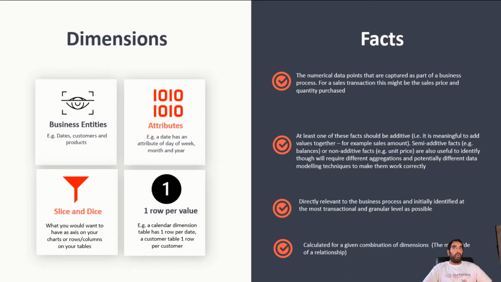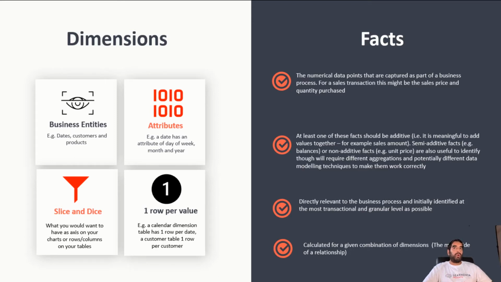So we need to think about having some additive facts, and where we have semi-additive facts or non-additive facts, things like balances or unit price, those are also useful, though we have to think about different ways of potentially modelling those. Ideally, we want to make sure we do have some additive facts, some numerical values in our data model that we can sum and count.